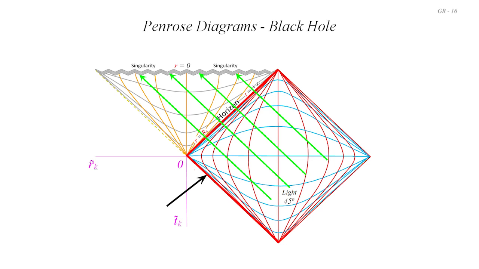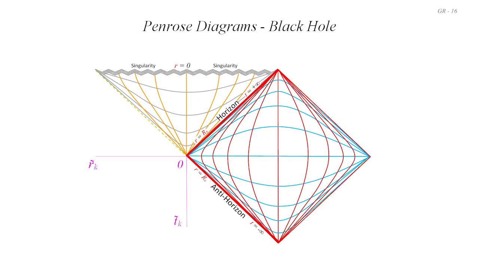As well as being part of this extreme distorted red hyperbola, this lower line is also part of the extreme blue curve at the bottom. This lower thick red line is sometimes called the anti-horizon, because any outward going radial light can only travel away from it and never towards it, but we'll think about that a little more later.